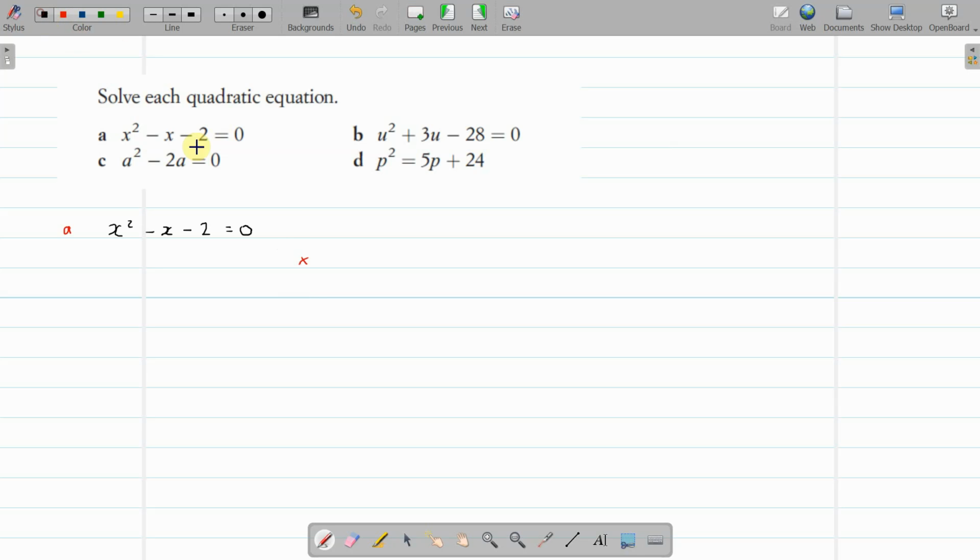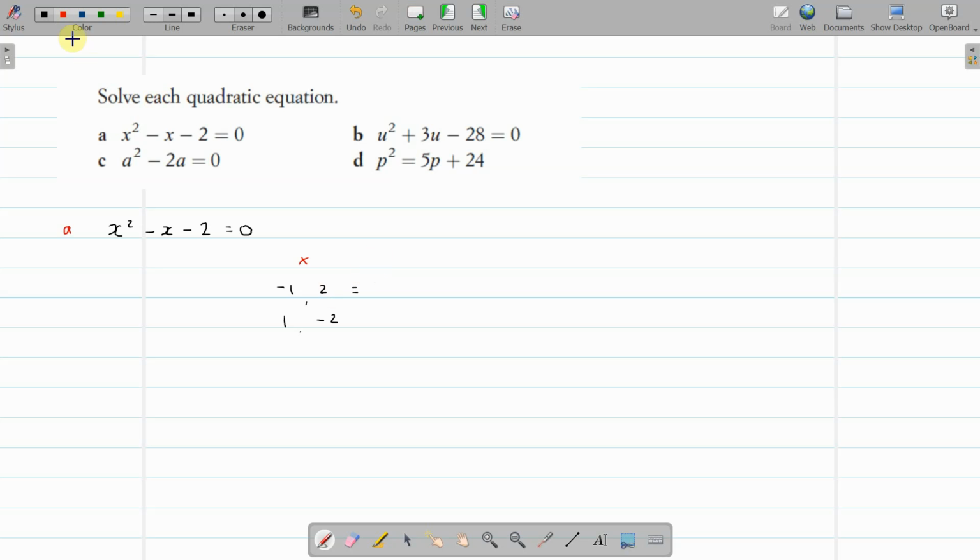One of them's got to be negative. It can either be minus 1 and 2, or it could be 1 and minus 2. When you multiply those, both of them get to minus 2. But then, when we add them, it's got to equal minus 1.